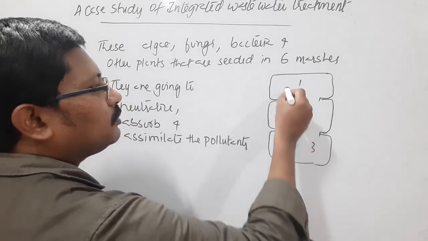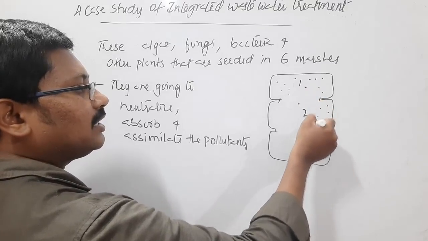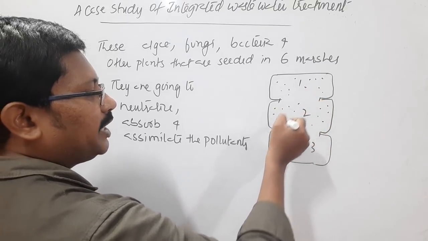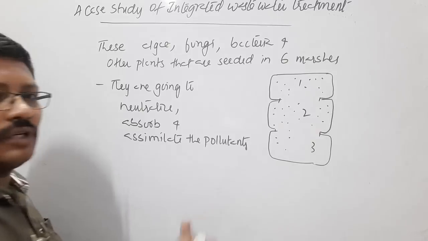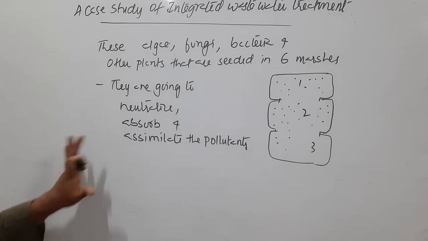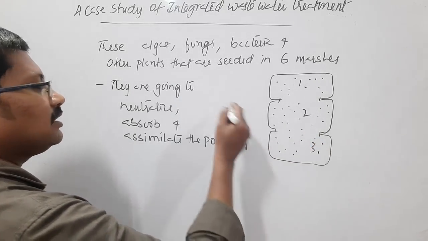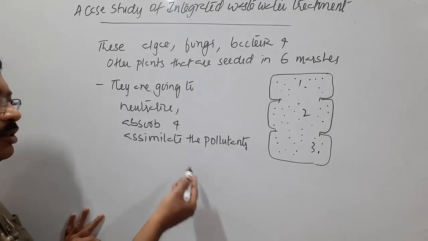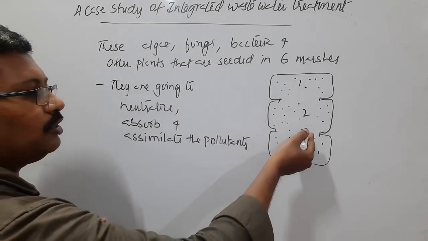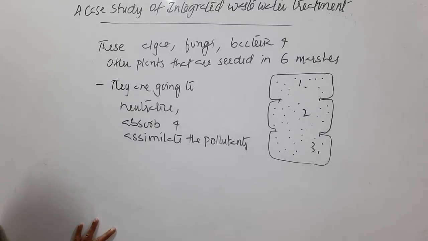They have put lots of algae and other appropriate plants which are helpful in neutralizing, absorbing, and assimilating the pollutants, and making these waters completely free from the heavy metals.